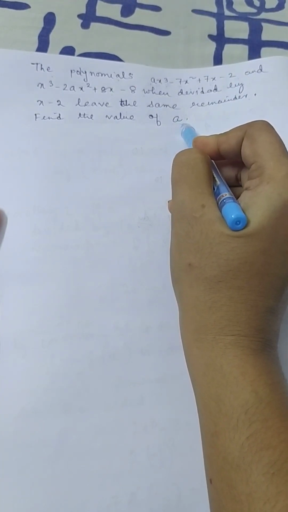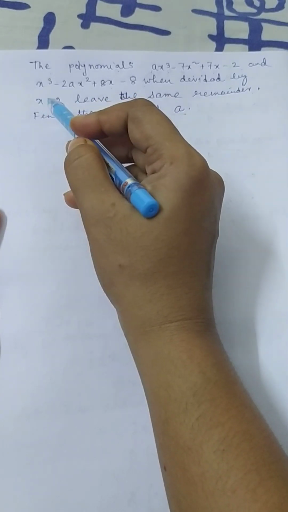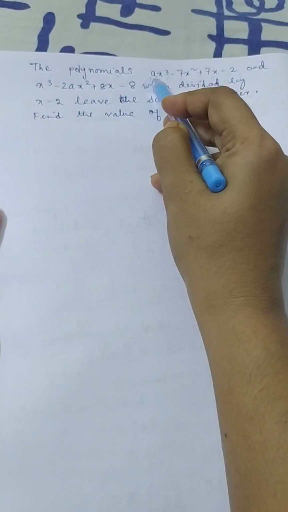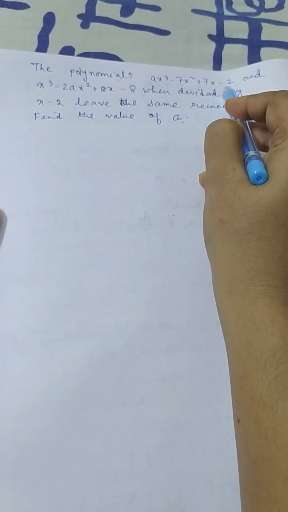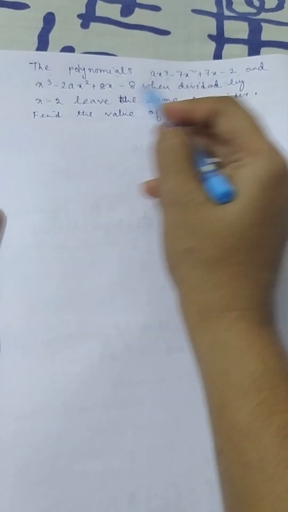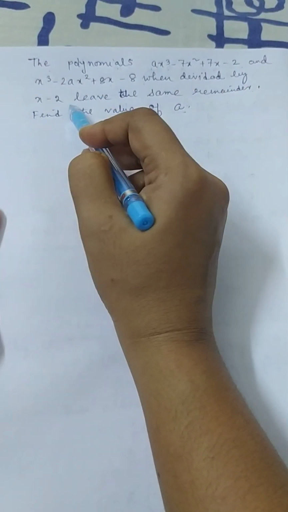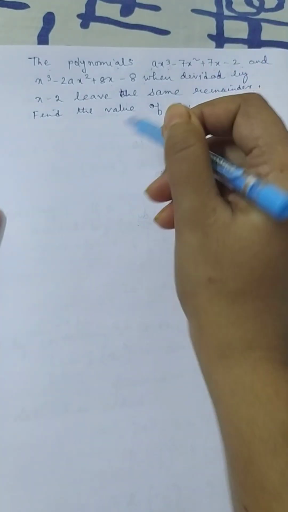You can remember in the last few sums we discussed a single polynomial, and when it is divided by a single root, it leaves some remainder.